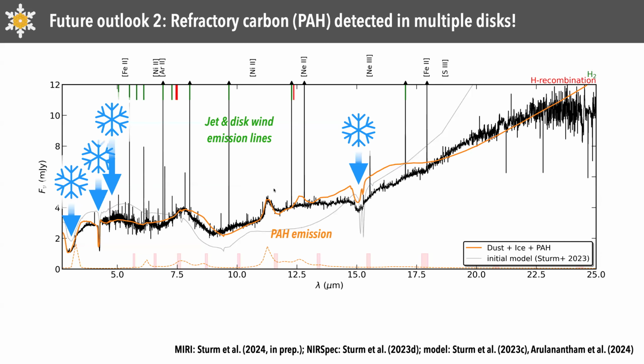Fortunately, even though we don't see the refractory carbon in absorption in the molecular cloud, we do see these PAHs, the polycyclic aromatic hydrocarbons, in emission toward these protoplanetary disks. This is a case for my PhD student, Arjun Sturm, where he was able to fit this disk, including PAHs here, as well as ices in these major features.